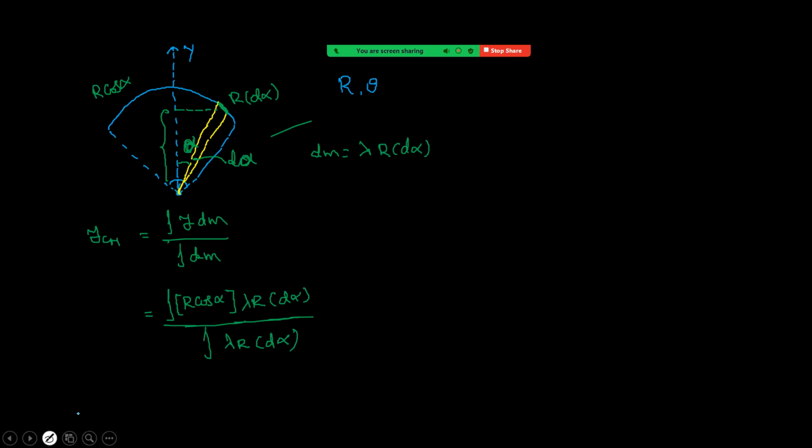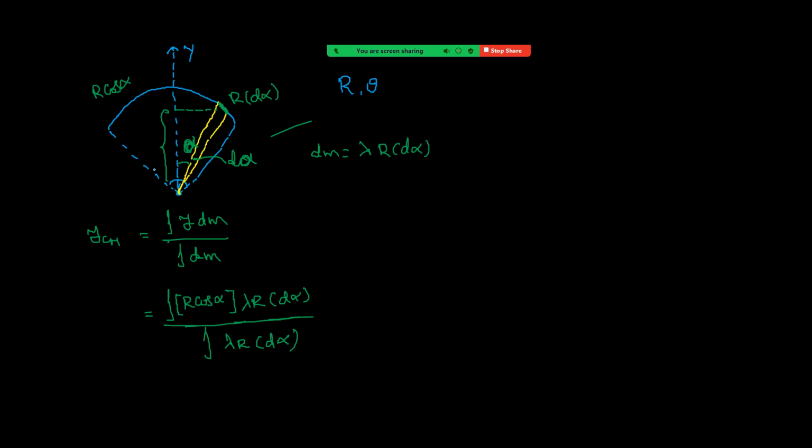Now see the calculation part. Remember, like this, we have to take all elements from alpha equal to theta by 2 clockwise, and again theta by 2 anti-clockwise. So you should focus very carefully on limits.